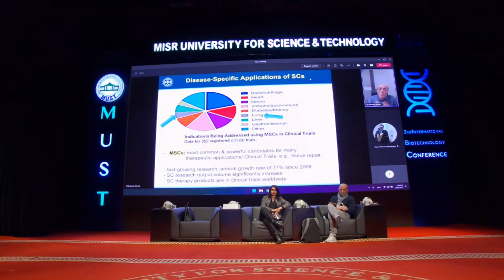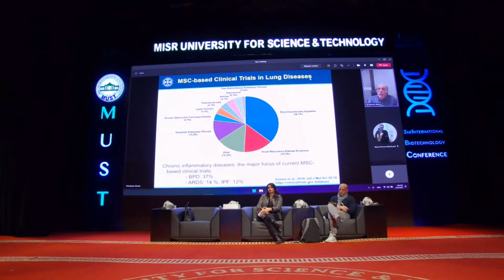And actually, this is fast growing research. We have an annual growth rate of 77% since 2008. We have this annual increase since 2008, 77%. We have hundreds of applications, if you go to PubMed, on this topic, application of stem cells and their clinical trials as well.